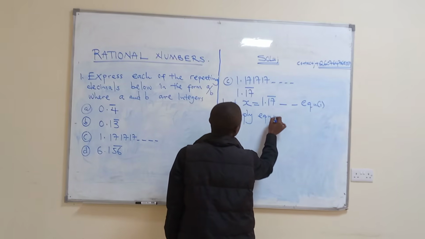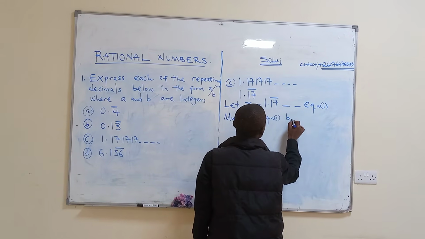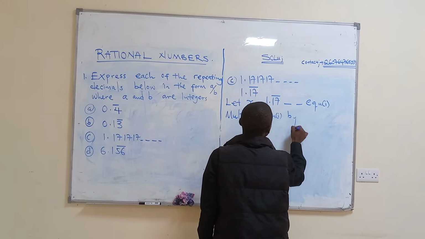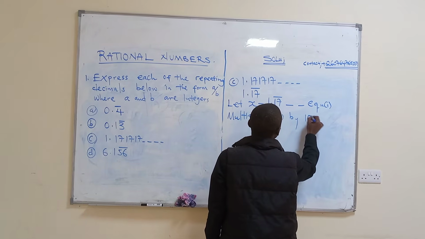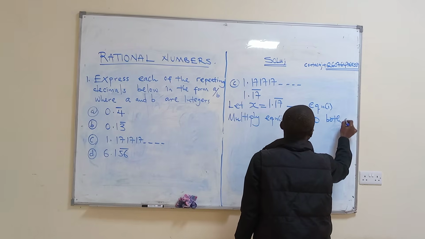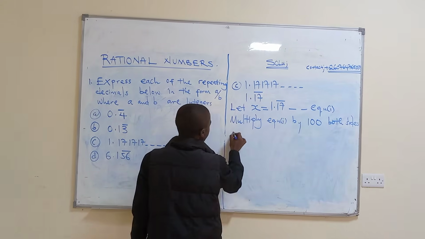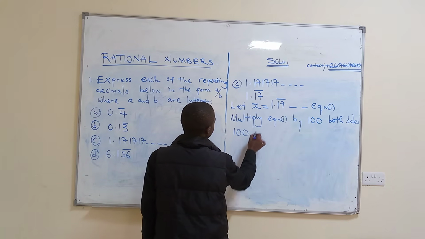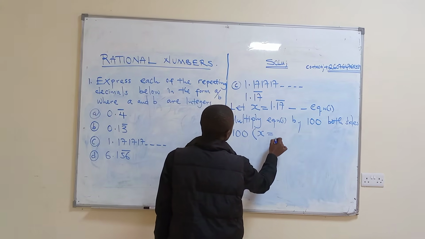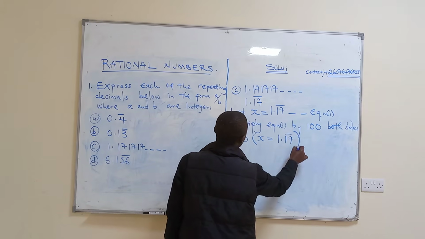So I'll say multiply equation 1 by 100 or with 100 both sides. So that is 100x is equal to 1.17 with a bar.